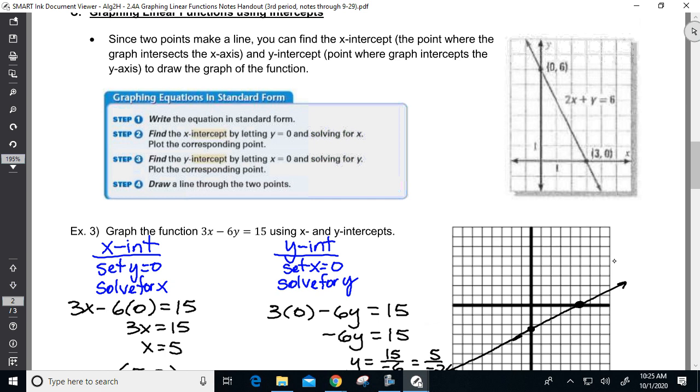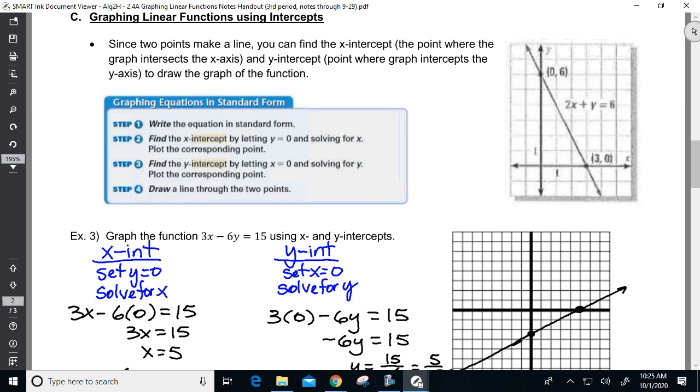And then the second type, using intercepts. When you use intercepts, you're looking for the x-intercept and the y-intercept. X-intercept, set y equals 0, solve for x.